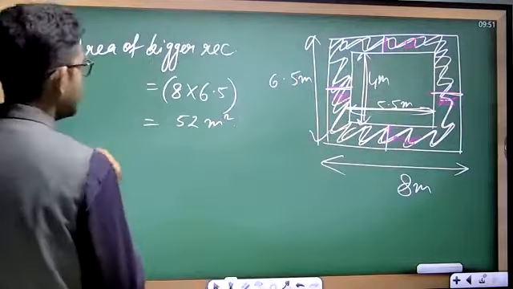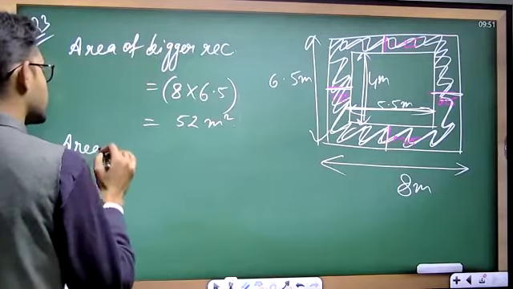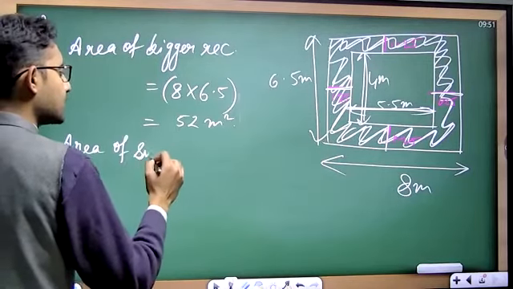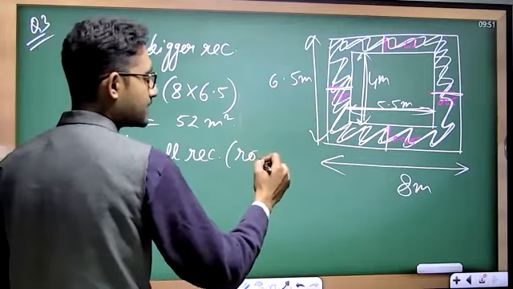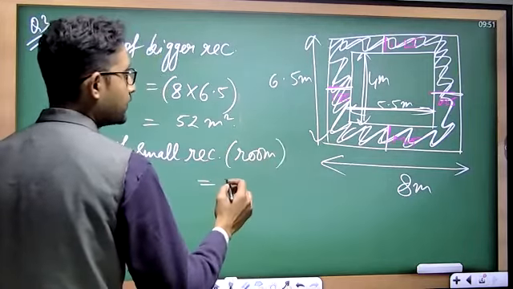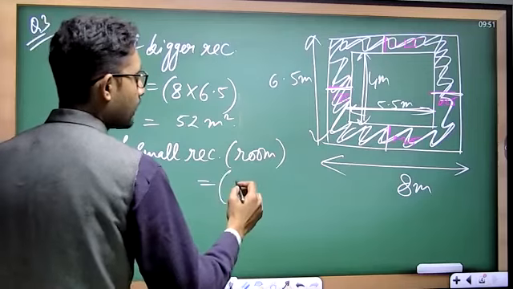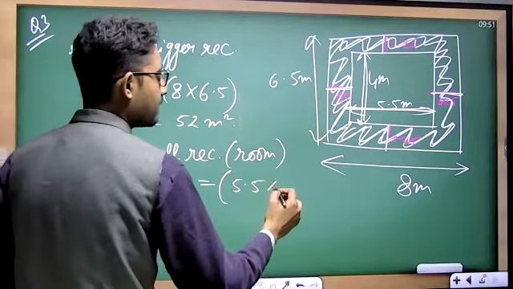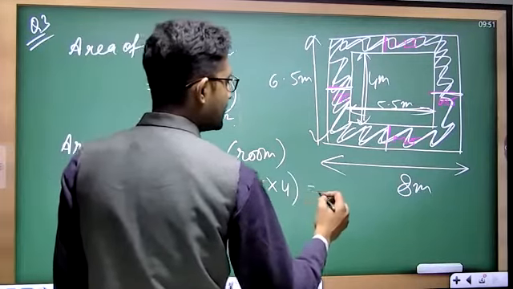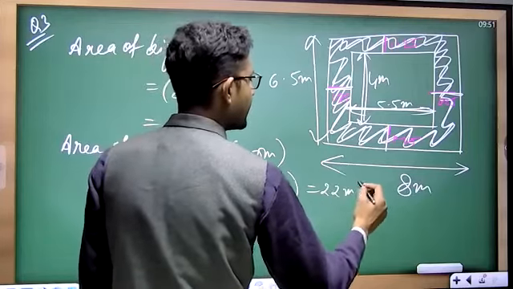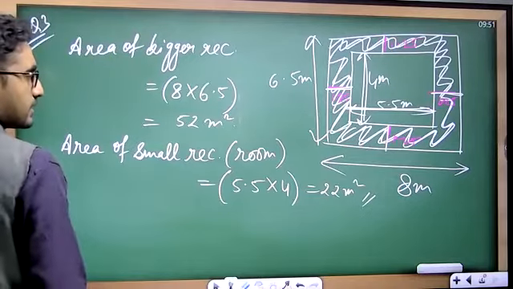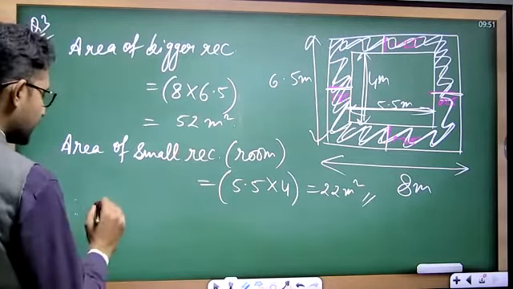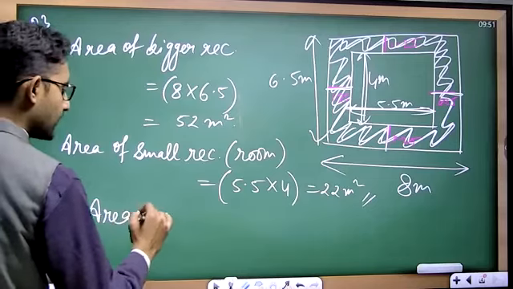So area of smaller rectangle, इसको हम room को smaller rectangle मान रहे हैं. तो smaller rectangle या bracket में आप room लिख सकते हो, is equals to how many students? 5.5 multiplied by 4. That is how many? 22 meter square. Okay. ठीक है sir. Now we have to find out the area of veranda.